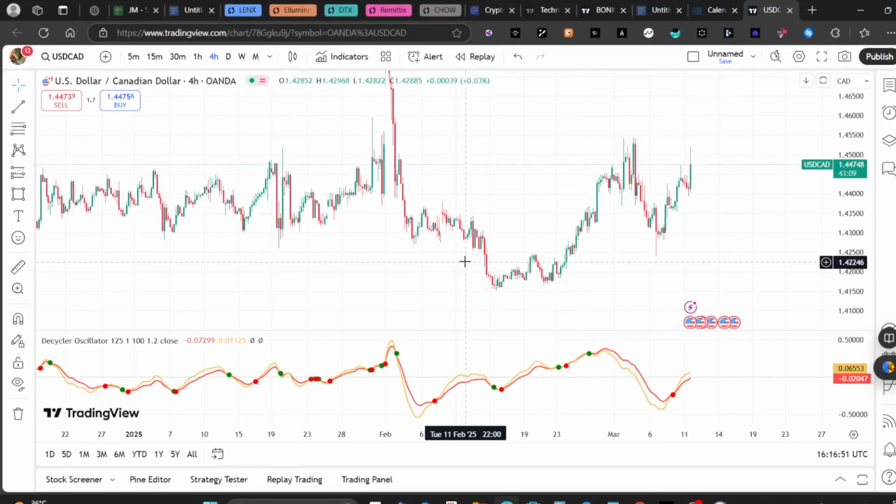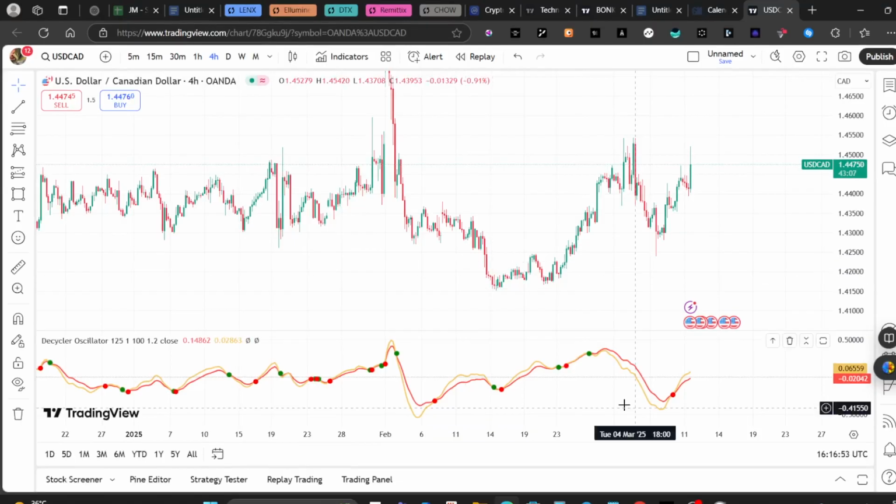All right. Now that we understand the basics of the Decycler Oscillator, let us look at some of its key features.